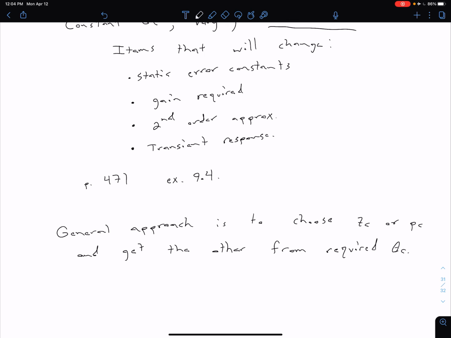Now, of course, which one we choose and what value we choose for our zero or our pole is somewhat arbitrary, but we should also be basing that on an educated guess based on how it's going to affect some of these parameters above.